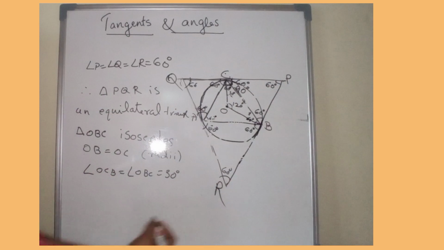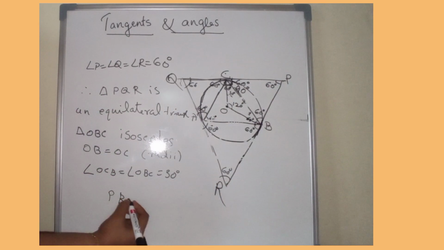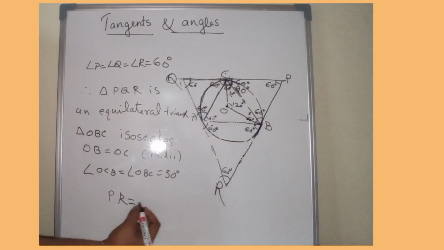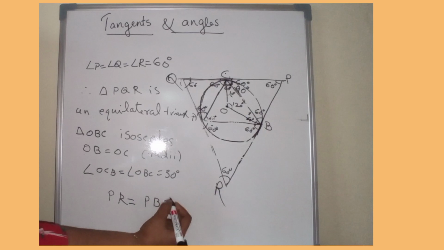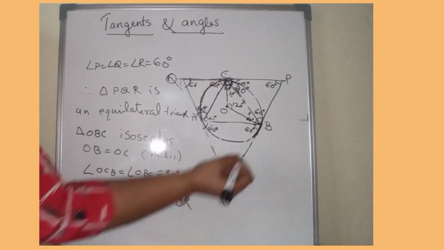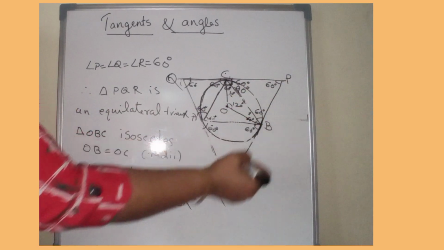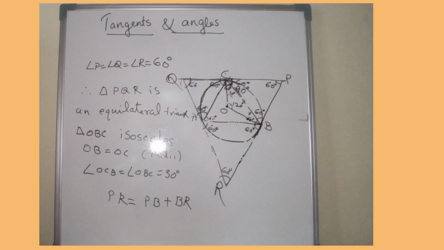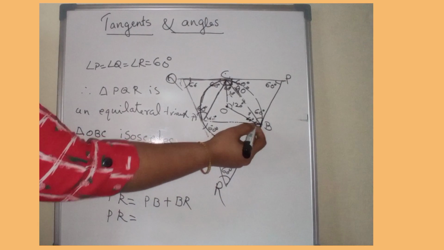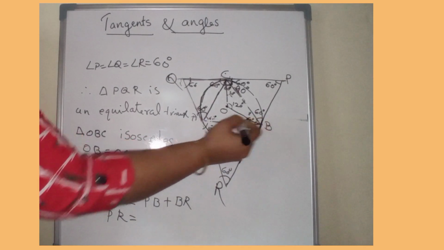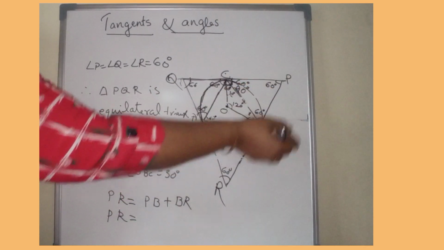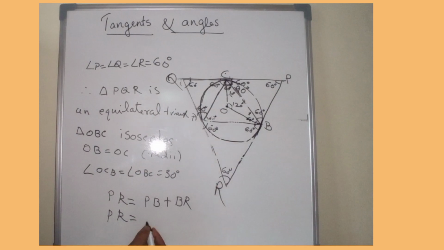PR is equal to PB plus BR, right? And we know that PB and BR are both equal to AB.